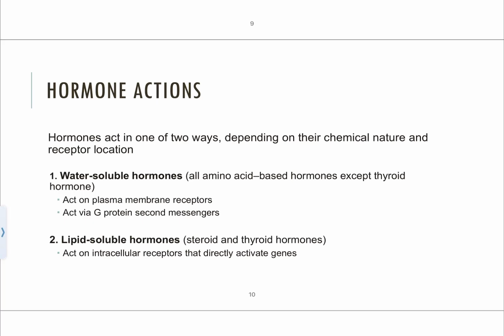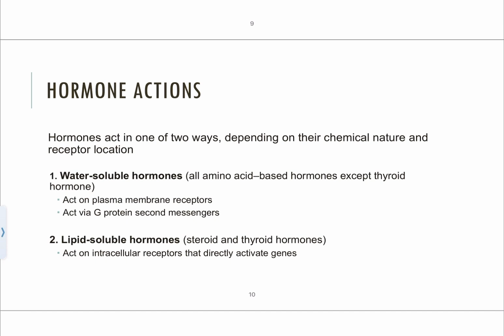The thyroid hormone is a lipid soluble hormone, even though it is amino acid based. Water soluble hormones, or amino acid based hormones in general, act on plasma membrane receptors. Why? Because remember, they are not lipid soluble, they cannot diffuse across the plasma membrane. So their receptor has to be on the external surface of a cell, on the plasma membrane itself.